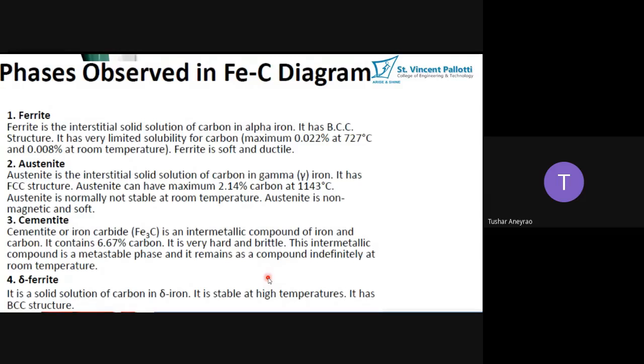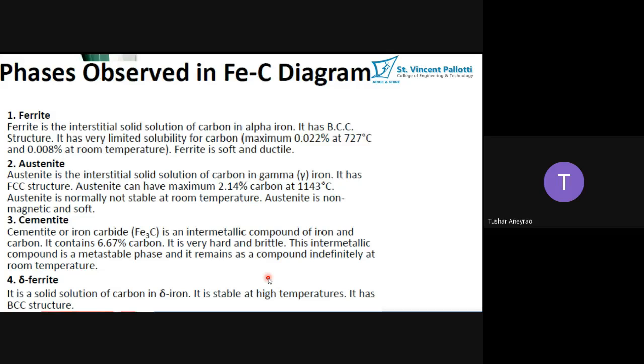Okay, so we are going to see this in detail now. Ferrite is the interstitial solid solution of carbon in alpha iron. So alpha iron is 0.008 percentage, but ferrite is the solid solution of alpha iron as well as carbon.